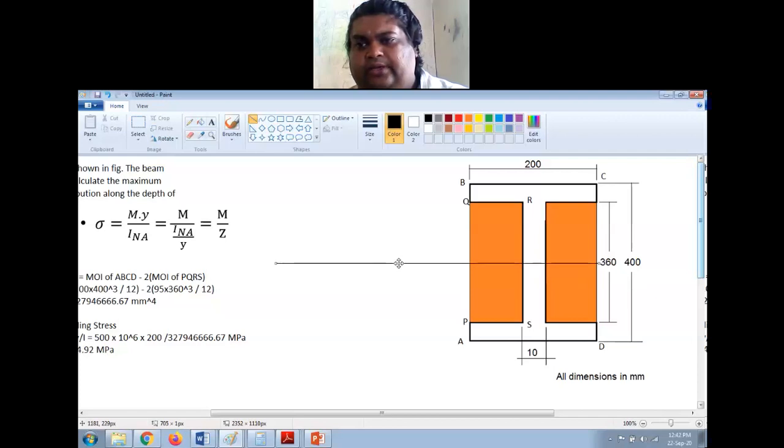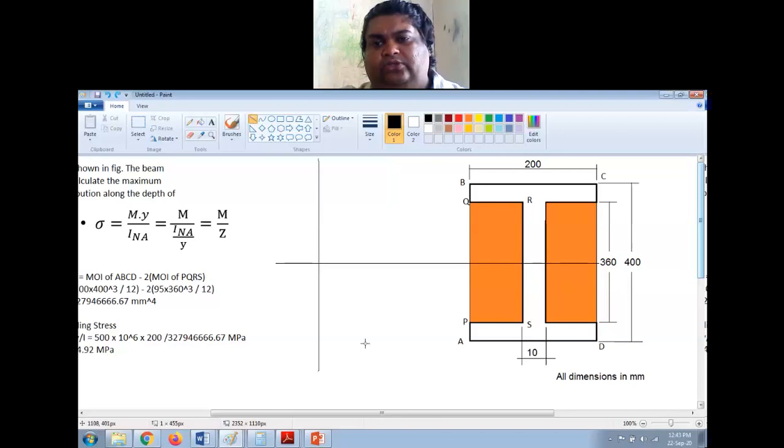Now this is my neutral axis, right? So at this point on the neutral axis the stress will be zero, right? So I will draw a vertical line like this. So this is representing the zero stress again along the depth, and I'll just project these points here, project this point to here, right?